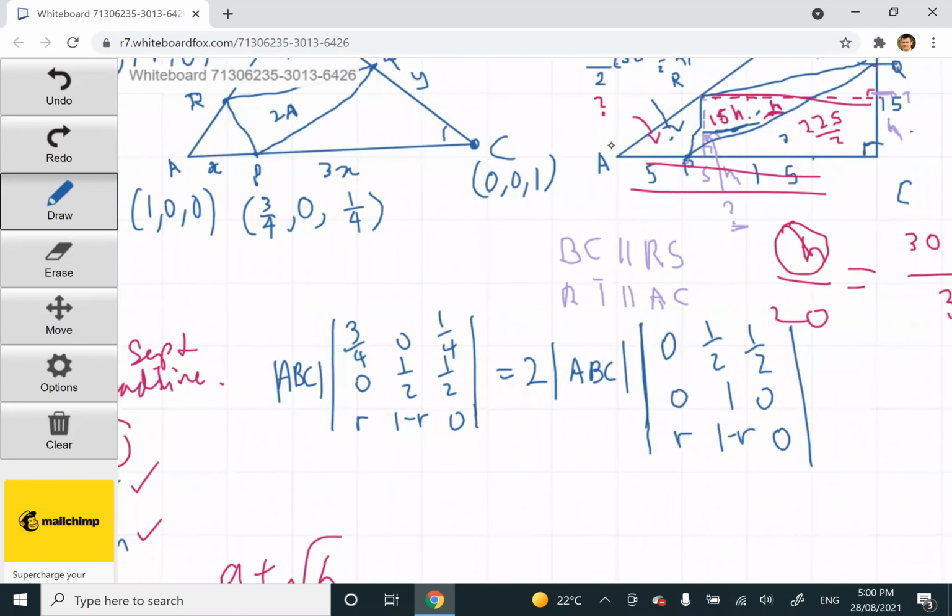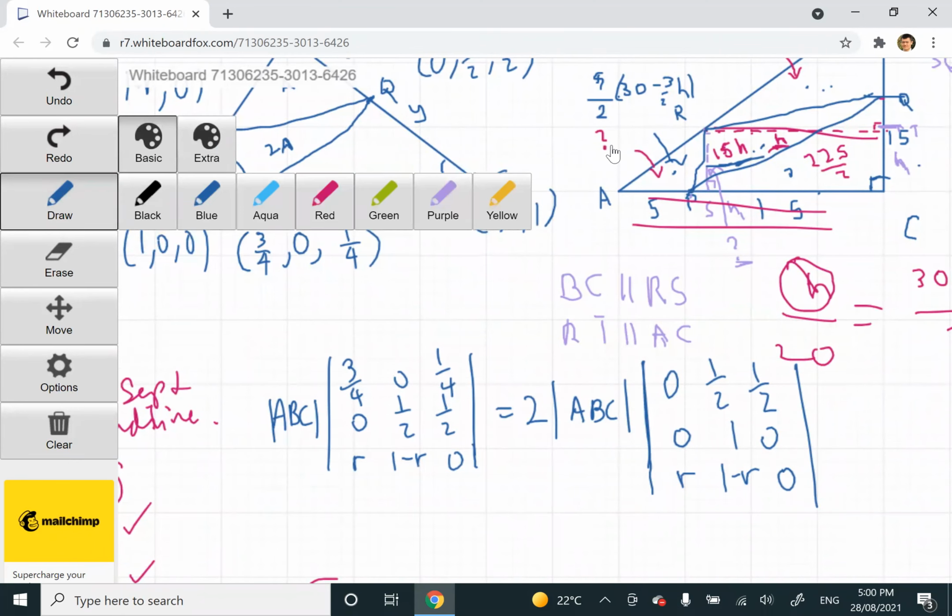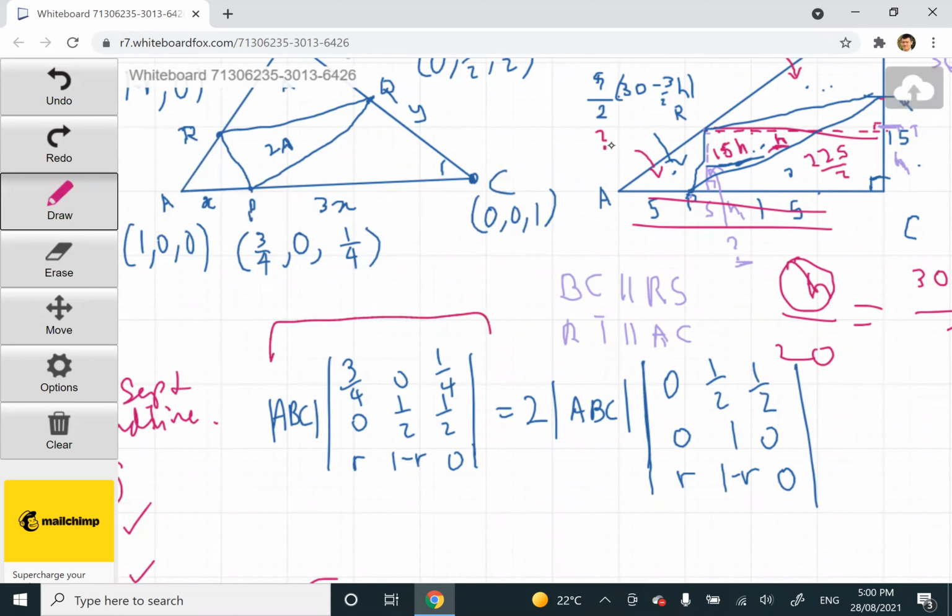So this should be enough to solve for R, right? And this should be the final answer. So remember, ABC is 300.